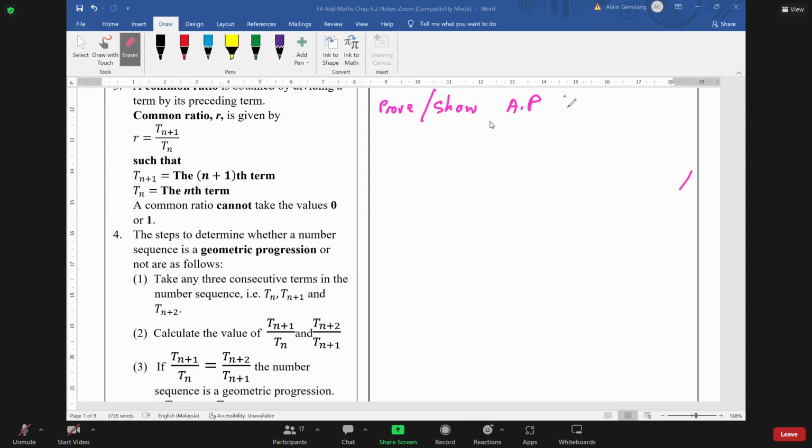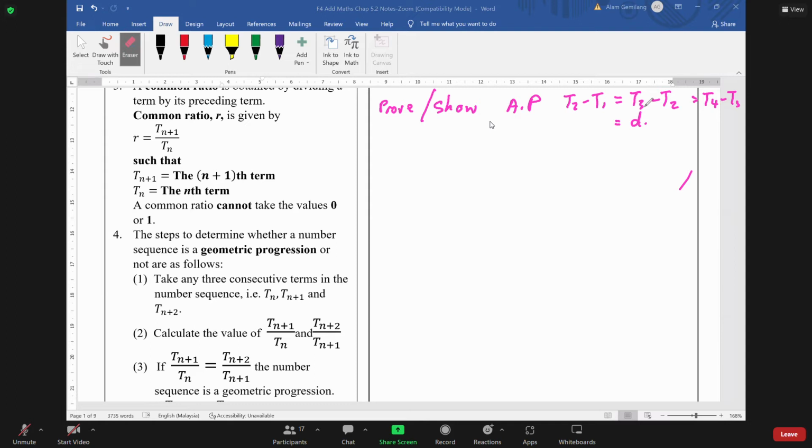You must show T2 minus T1 is equal to T3 minus T2, and so on, depending on how many terms they give you. If they give you 4 terms, then you have to show T4 minus T3 as well. The common difference must be the same throughout for an AP.